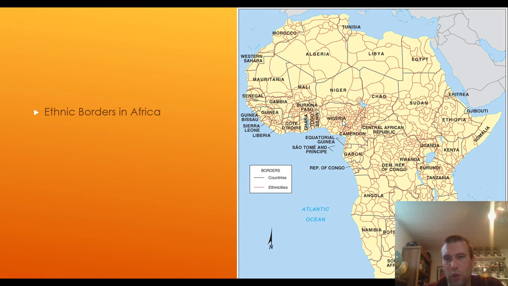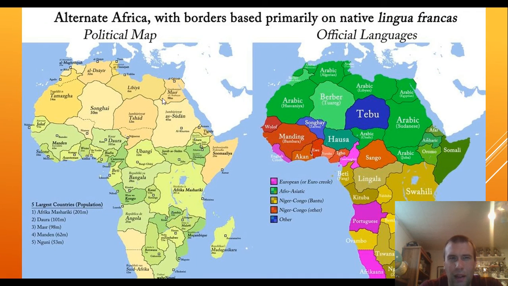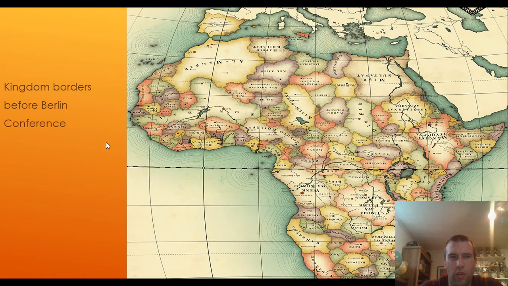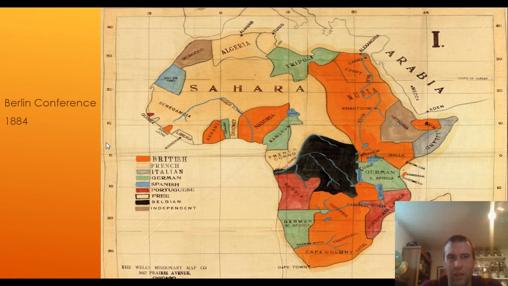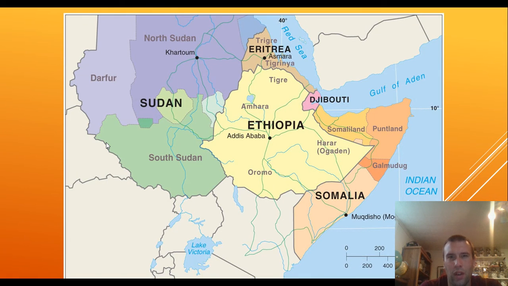Nigeria being the most populous country in Africa, and also the most economic power in Africa. Well, look at by language, you're looking at 3. And there's so many different ethnic groups within Nigeria. How should borders look? And here's what it looked like in 1884, and there's what it was afterwards.